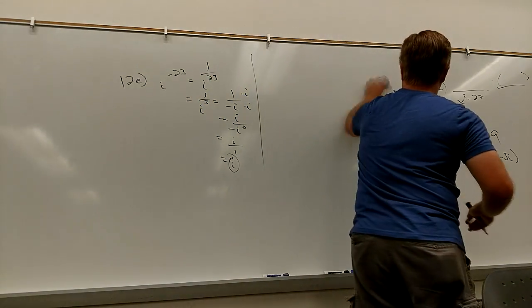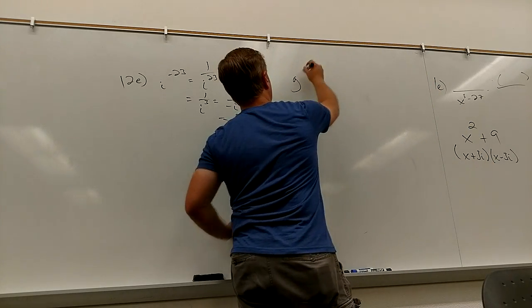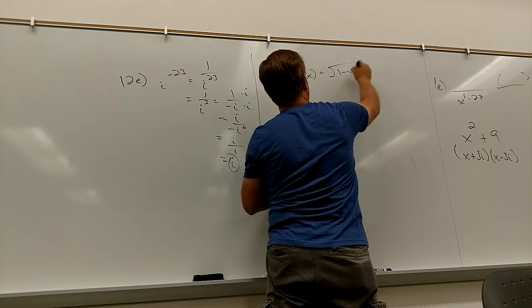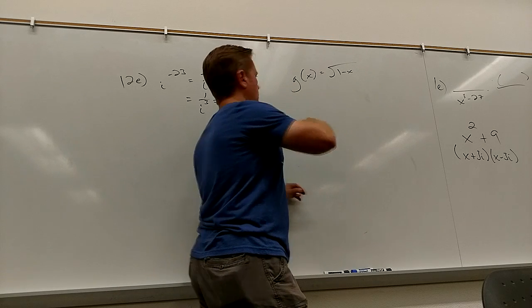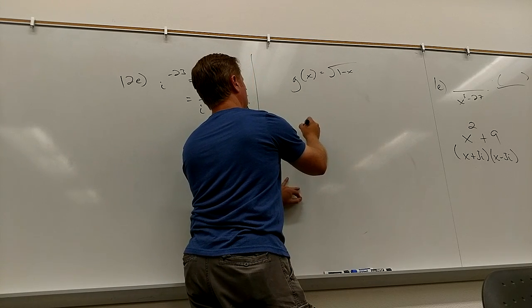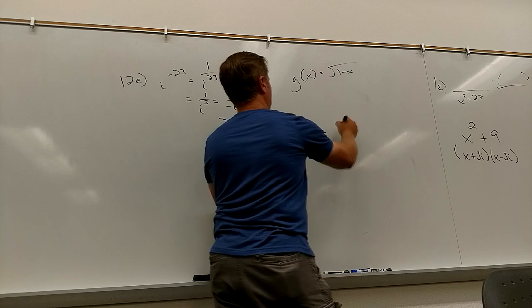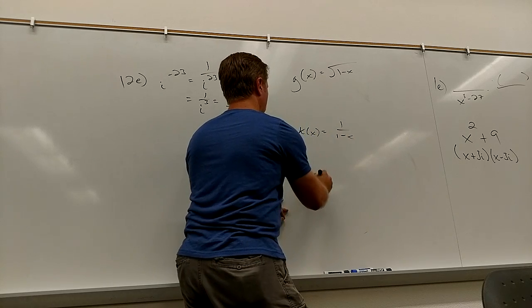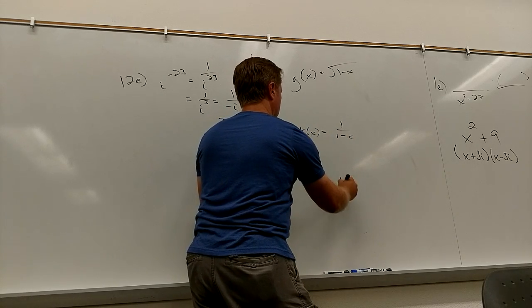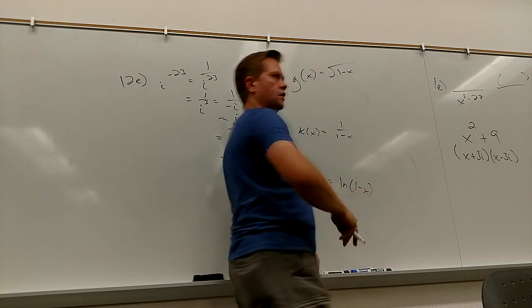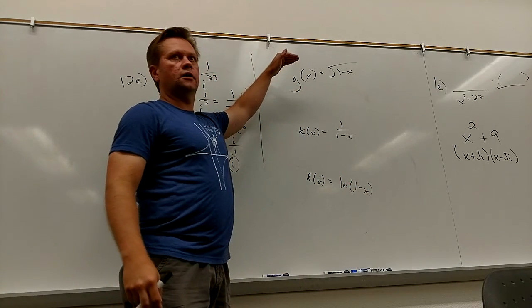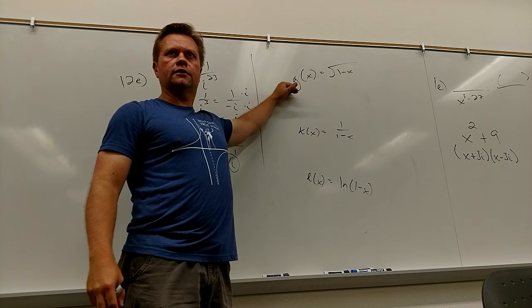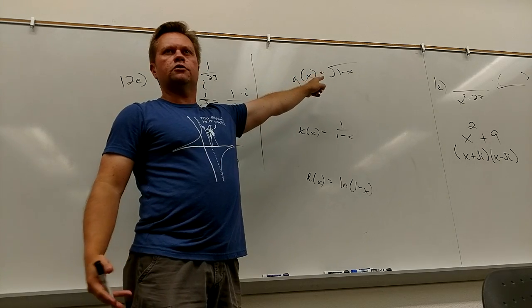So g of x is the square root of 1 minus x. Let me just make up some more. Let's say k of x is 1 over 1 minus x, and l of x is the natural log of 1 minus x. Okay, now, what's the domain of this really is based on what the restriction is, right?